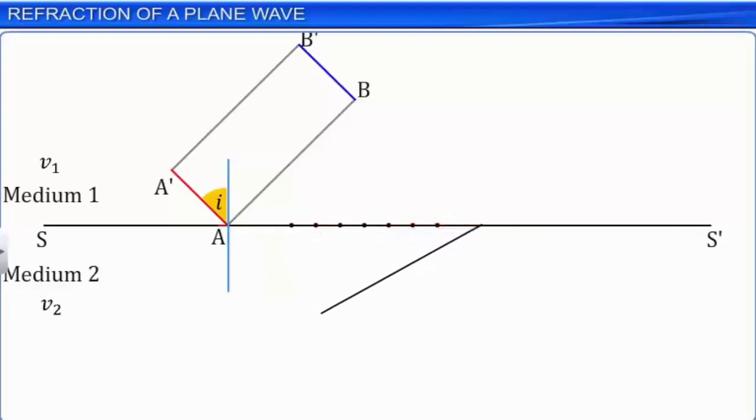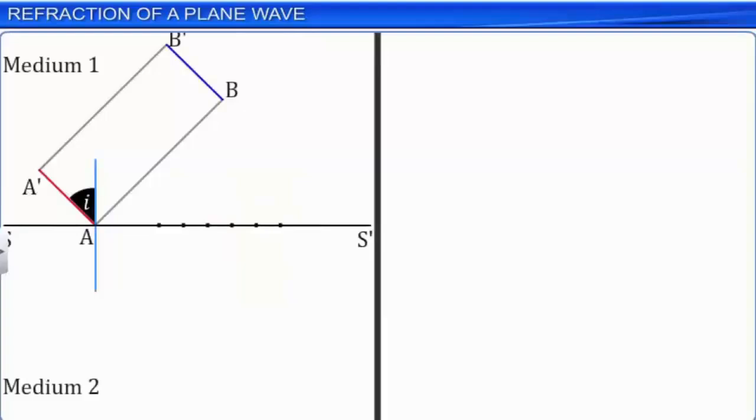If the point B is incident on the interface at C after t seconds, then BC is equal to V1t. Since the speed of light in medium 2 is V2, during the same period, the secondary wavelet generated at point A at time t equal to 0 will have formed a hemisphere of radius V2t.